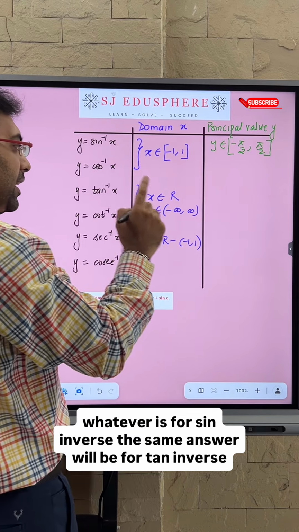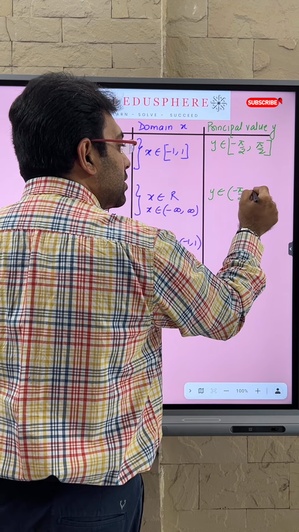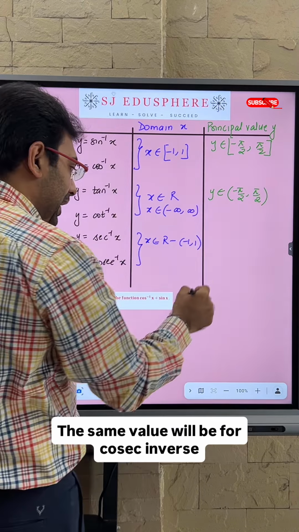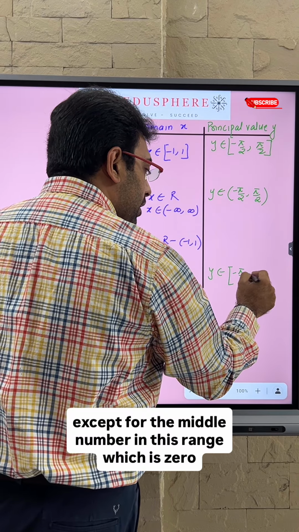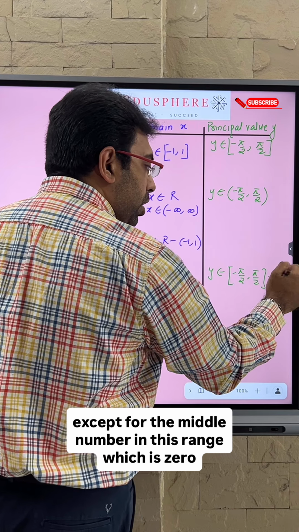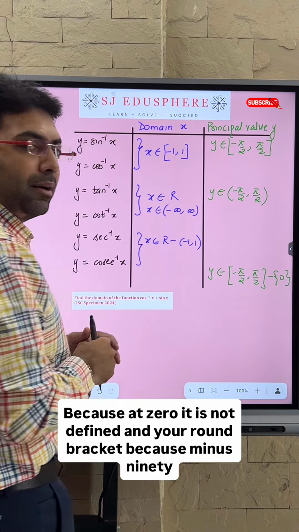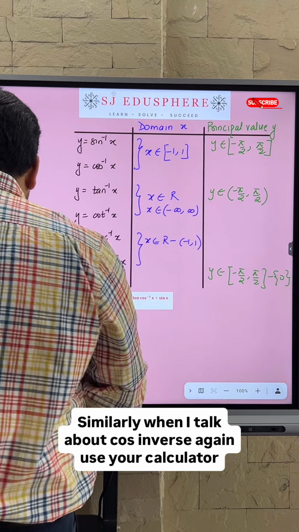Whatever is for sine inverse, the same answer will be for tan inverse, but in round bracket. The same value will be for cosec inverse, except for the middle number in this range, which is 0, because at 0 it is not defined, and your round bracket, because -90 and 90, it will be not defined.